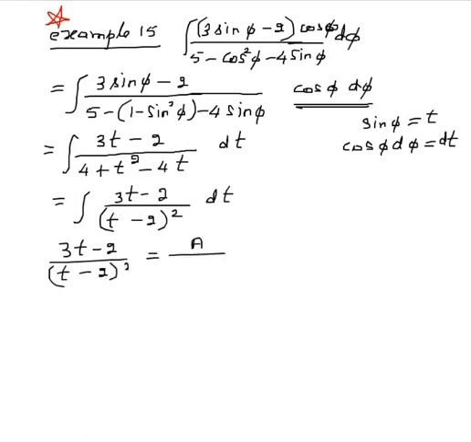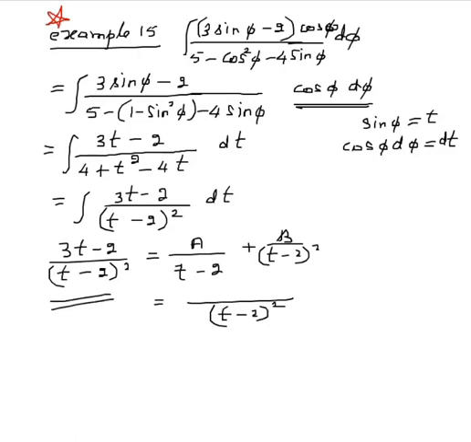For a repeated factor, we have to take it as A by t minus 2 and B by t minus 2 the whole square. LCM is t minus 2 the whole square. Remember, the denominator of the left hand side and the LCM should be the same. A times t minus 2 plus B. Equate the numerators.